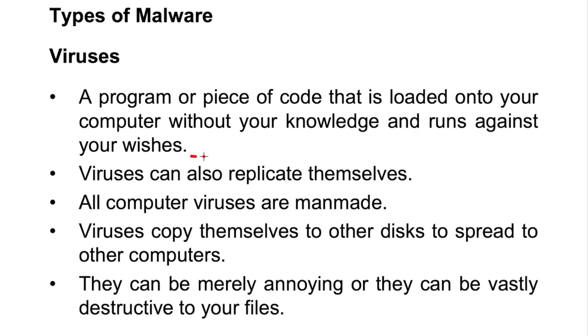You don't install such a program, but it gets into your computer without your knowledge and keeps running in the background against your wishes. A virus can also replicate itself. This is a property of a virus. It can make copies of itself, and all computer viruses are man-made.